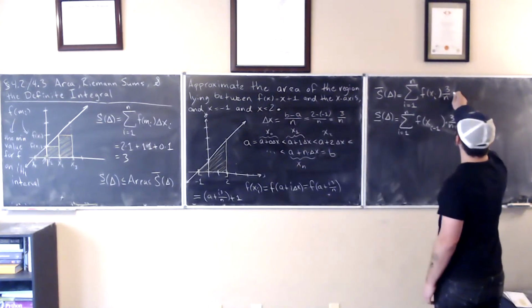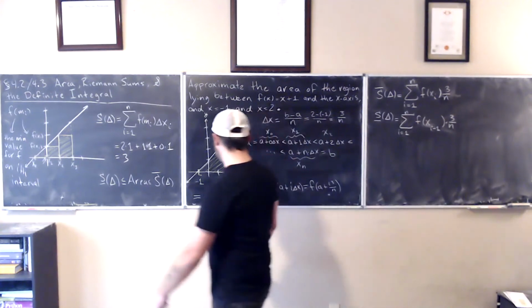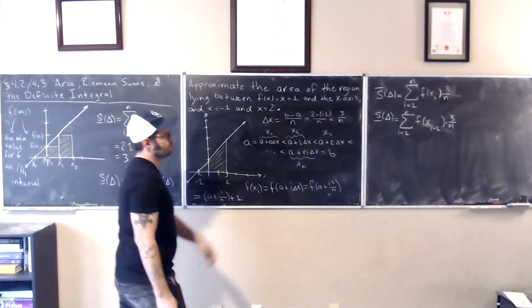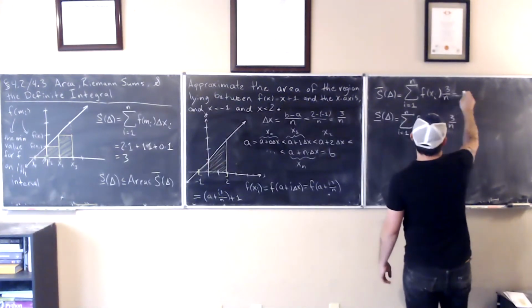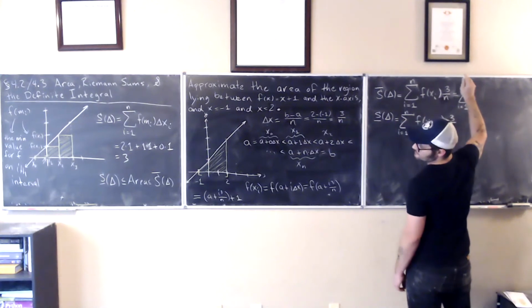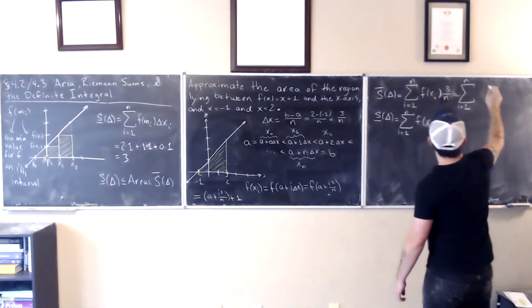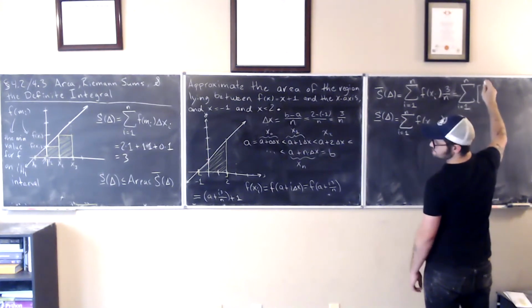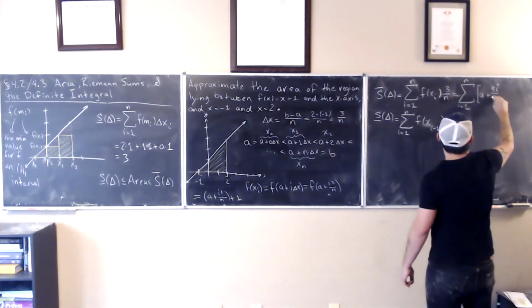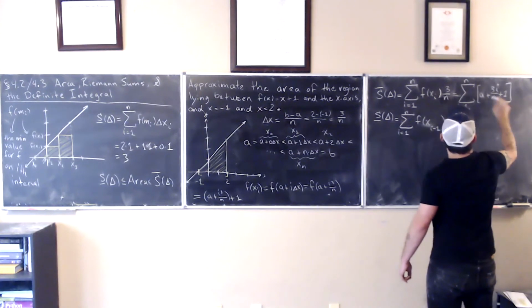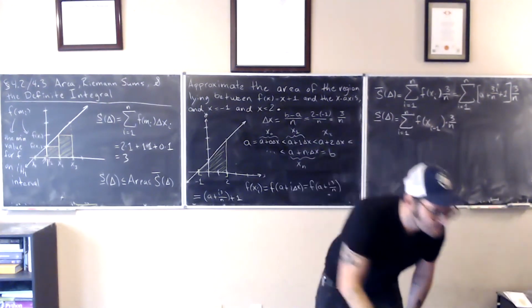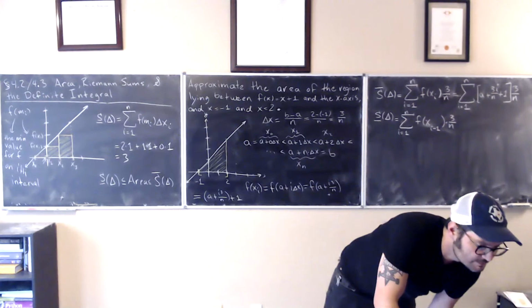So this is what it is. f of xi is equal to that, all times that. A plus 3i over n plus 1. Yeah, y'all can read that.